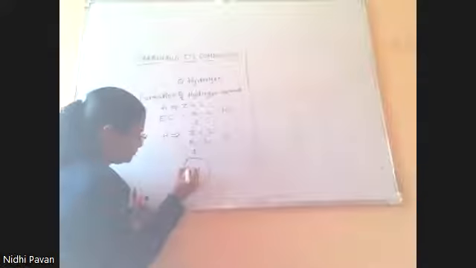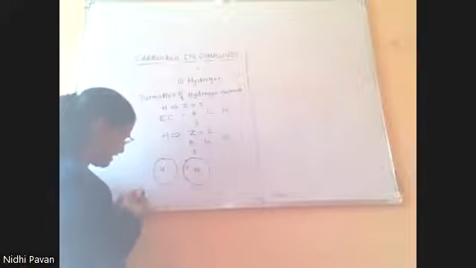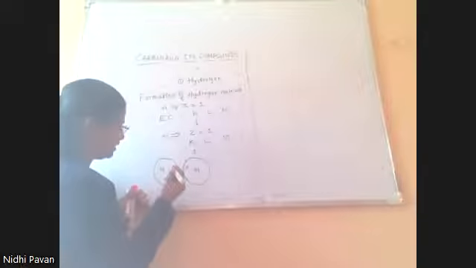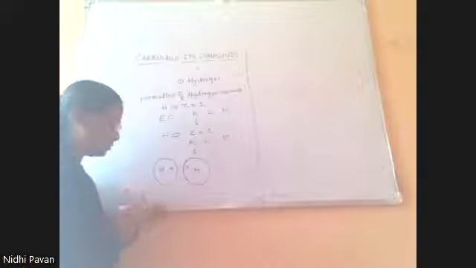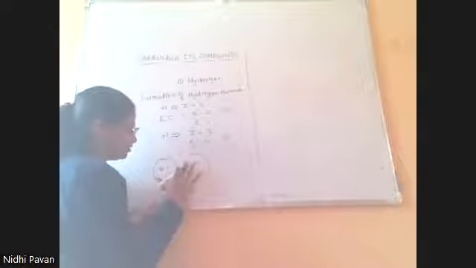One electron. Similarly, one more hydrogen atom has one electron in its outer shell. So both hydrogen atoms need one more electron to become stable. What will these hydrogen atoms do? They will share the electron.